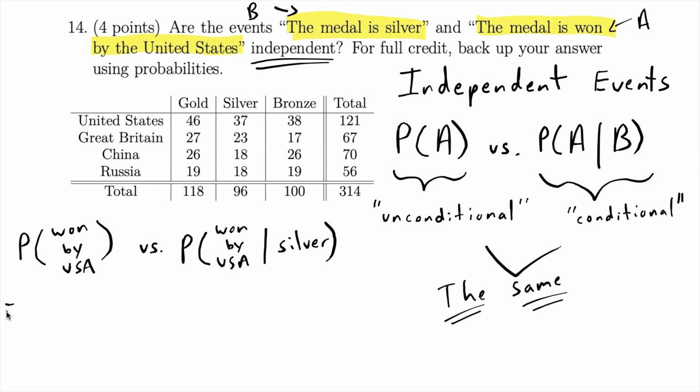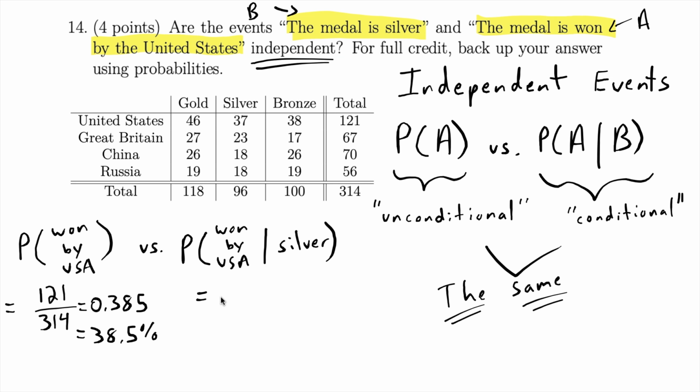So let's find the probability that it was won by the United States. There are 121 medals out of 314 because this is an unconditional probability. And because I'm going to be doing a comparison, I'm going to go ahead and take this fraction and turn it into a decimal, which is 0.385, which is, as a percentage, 38.5%. So now let's see, if I know the medal is silver, will that change the probability it's won by the United States?